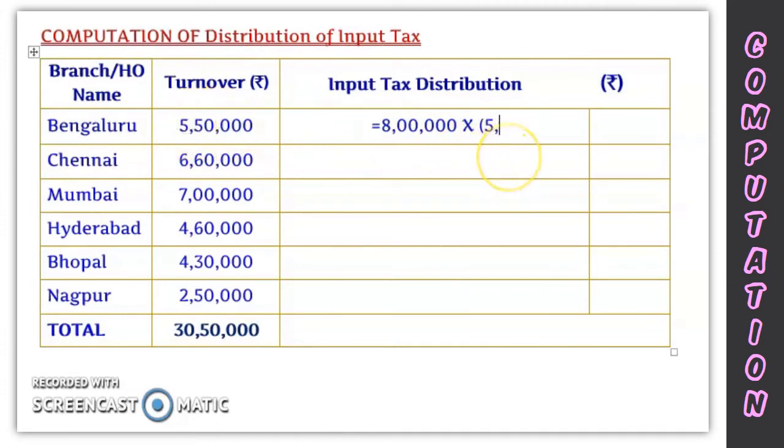So I have to take the turnover of the head office, which is 5,50,000, and the denominator which we are considering to calculate the weight is the total turnover of Optimus Limited. So head office and the branch ka turnover will be the aggregate turnover of Optimus Limited. So that has to be taken as the weight. So 30,50,000.